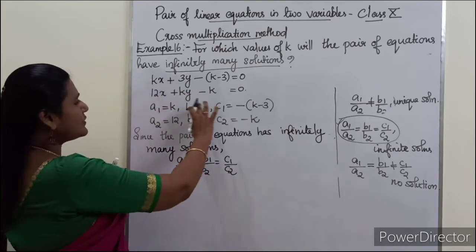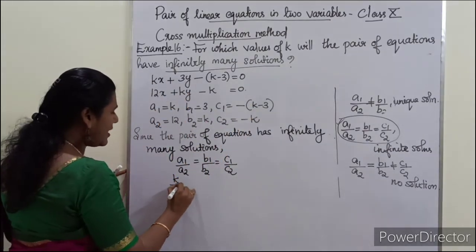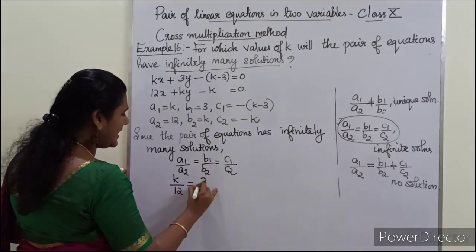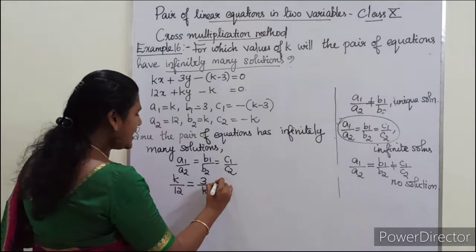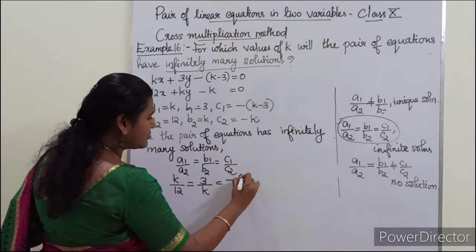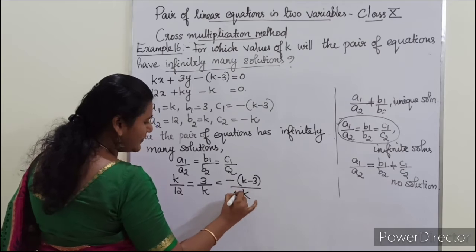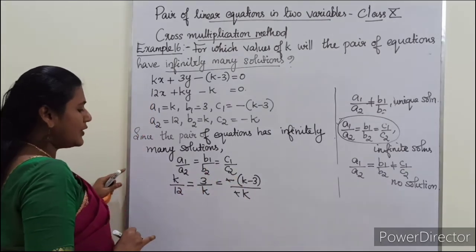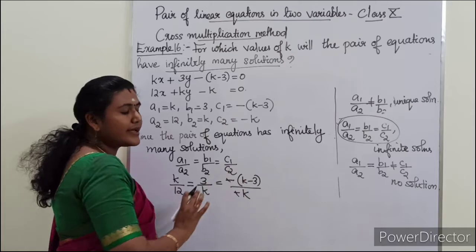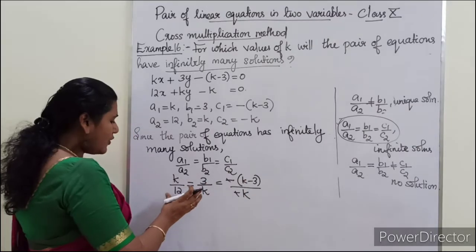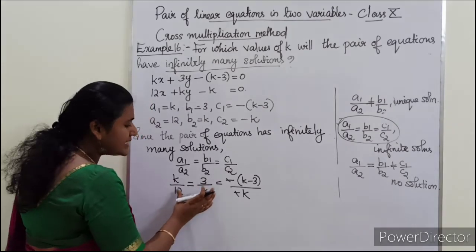Now we will substitute these values here, that is K by 12 is equal to 3 by K is equal to minus K minus 3 by minus K. So we can cancel the minus sign. Now here if you see, all the three ratios have the term K. So what we have to do, we have to take these three ratios.